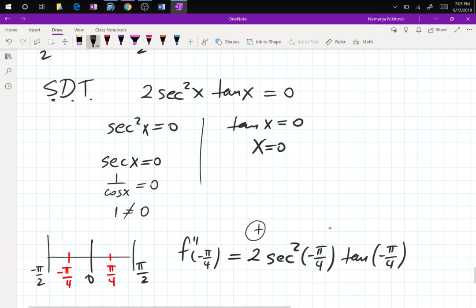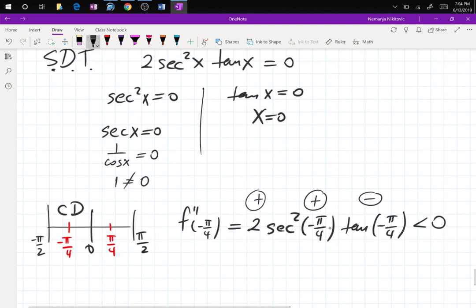Actually you don't care what it is, it's squared. Whether it's positive or negative, it's squared, so it's positive. And then the tangent is an odd function, so the negative jumps in front, so that's going to be negative, so the whole thing is less than 0, meaning concave down on this piece.